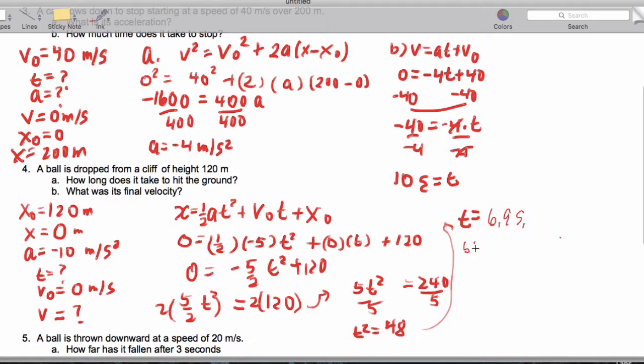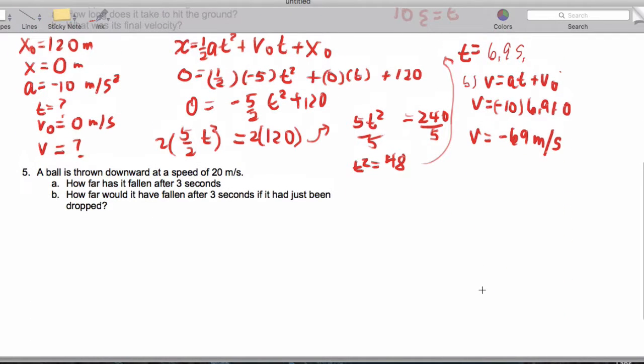For part B, we want the speed, or the final velocity. v is at plus v naught. v is negative 10 times 6.9 plus 0. So v ends up being minus 69 meters per second. And that's part B.